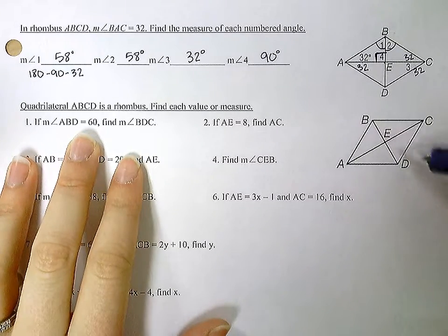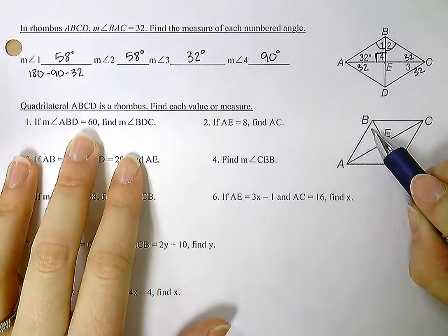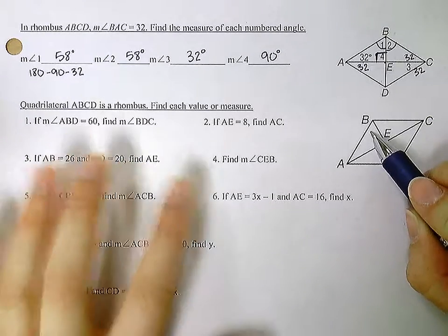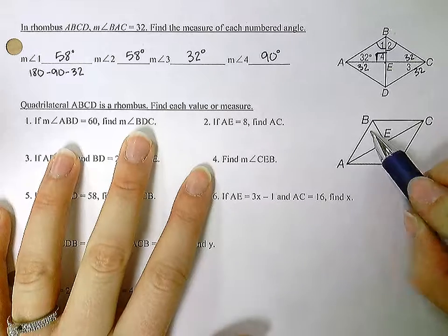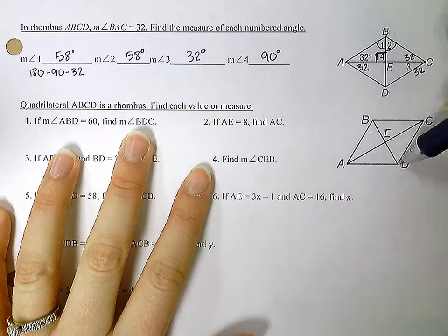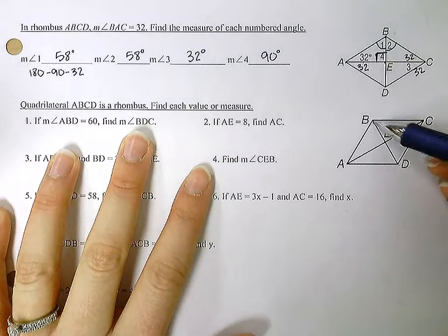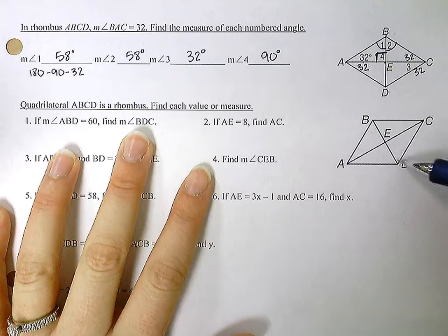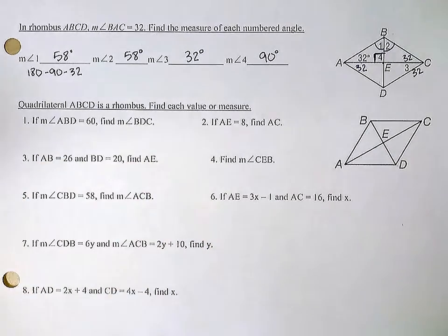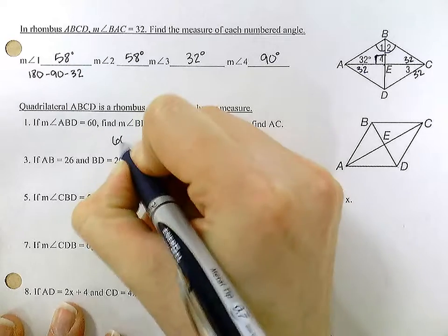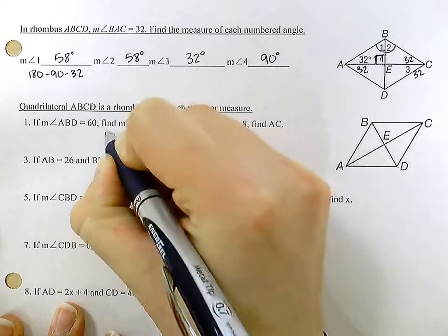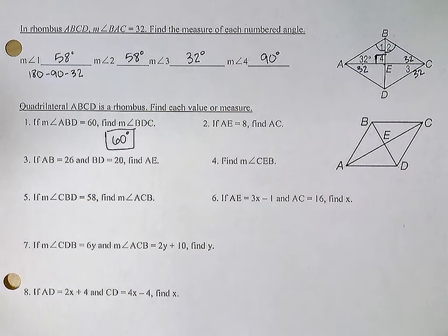So ABD, this angle right here is 60. And we want to find the measure of angle BDC. So if this angle is 60, what's this angle here? 60. Good job.